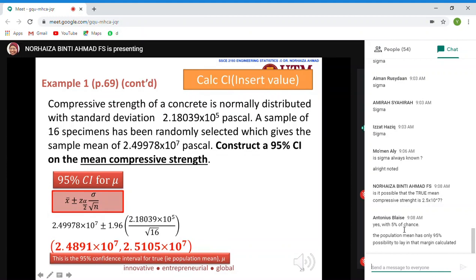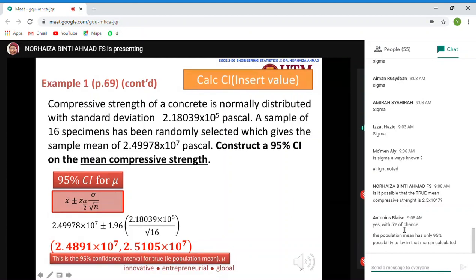So basically, because 2.5 is in that interval, right? This value of 2.5 is definitely contained in this interval, with 95% probability to lie in that calculated margin, because this value is within this interval.